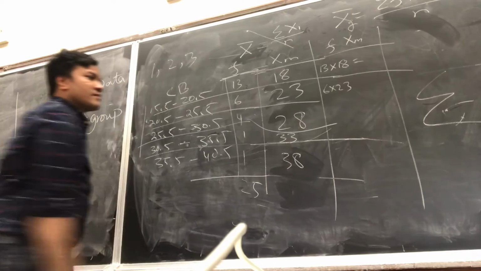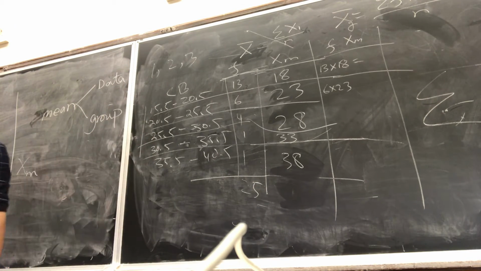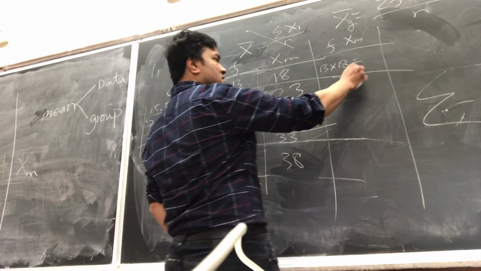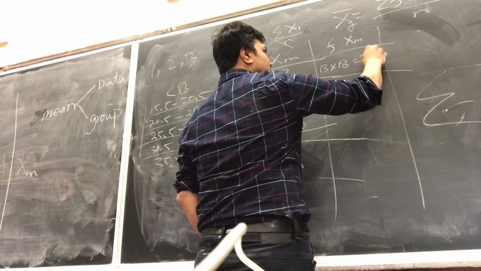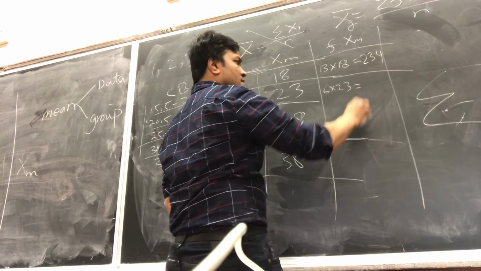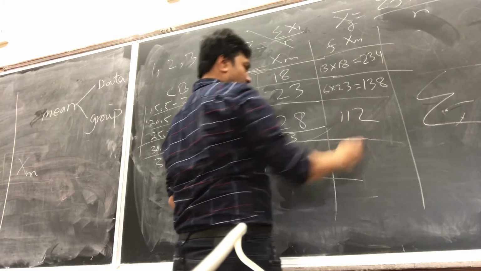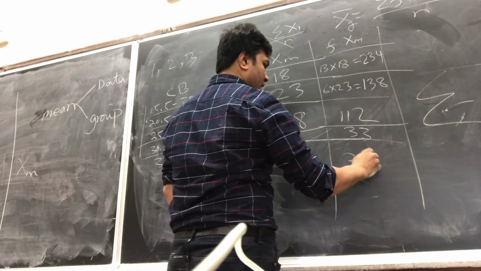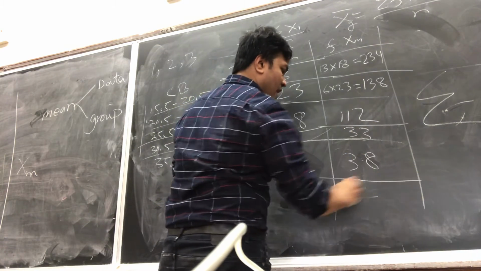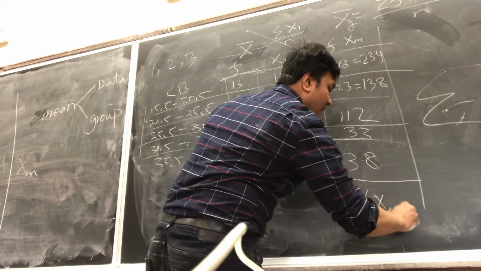Okay. 13 times 18 is 138... 112... 33, 38. Okay. Now, sum them up, add them all up.